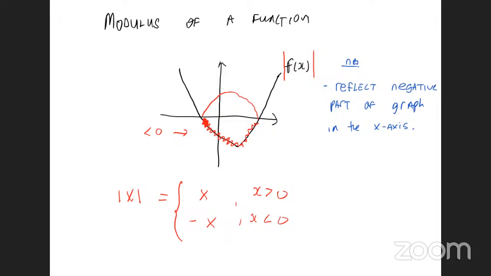That's okay? Remember, once you see those 2 lines in front, it means that you only want the positive part of the function. All right?